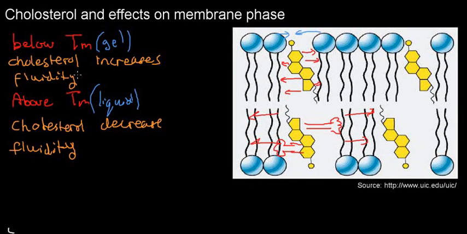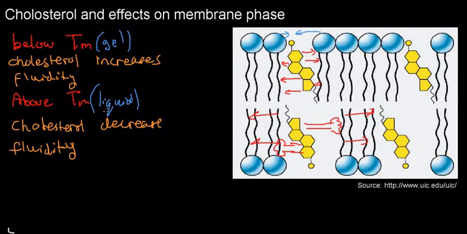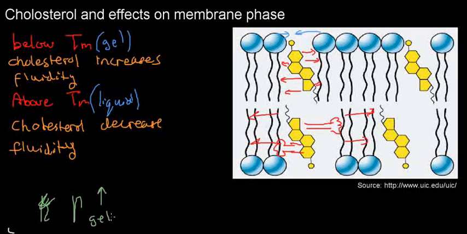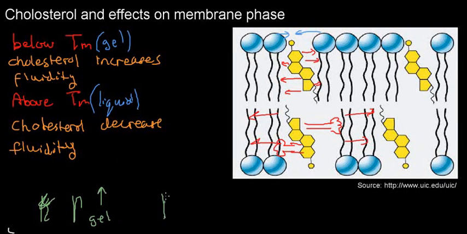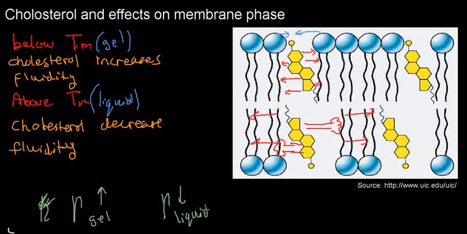Does cholesterol increase viscosity below and above the temperature, or does it decrease? So let's consider. If viscosity goes up, we're looking at a more gel state. And as viscosity goes down, we're looking at a more liquid state. Or decreasing, this is decreasing the fluidity, this is increasing the fluidity.